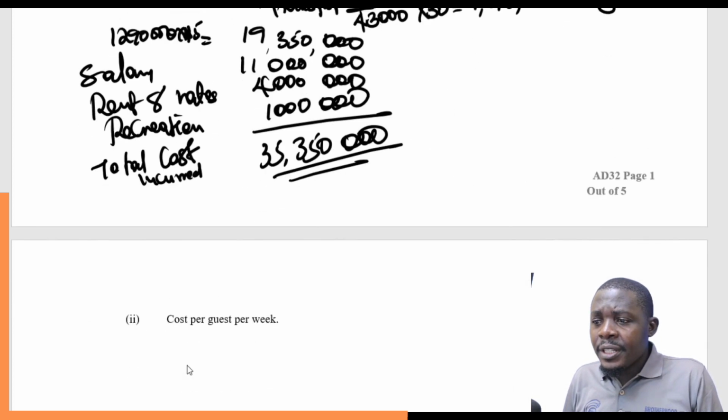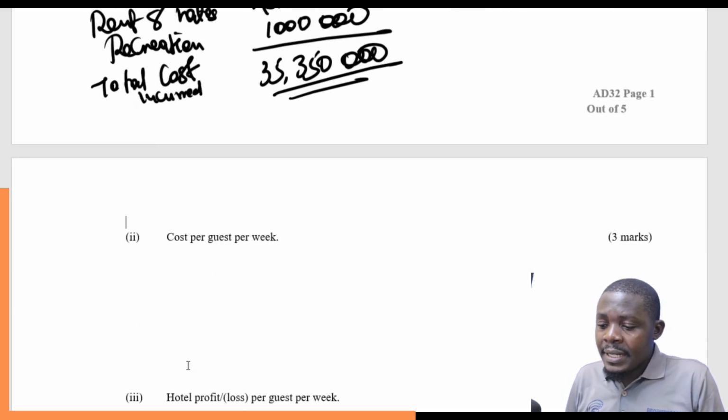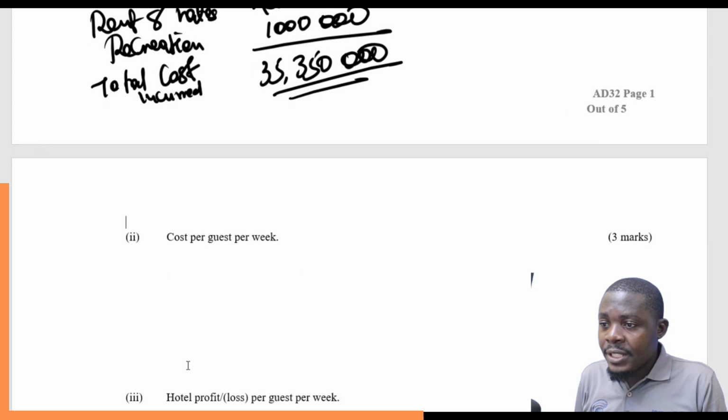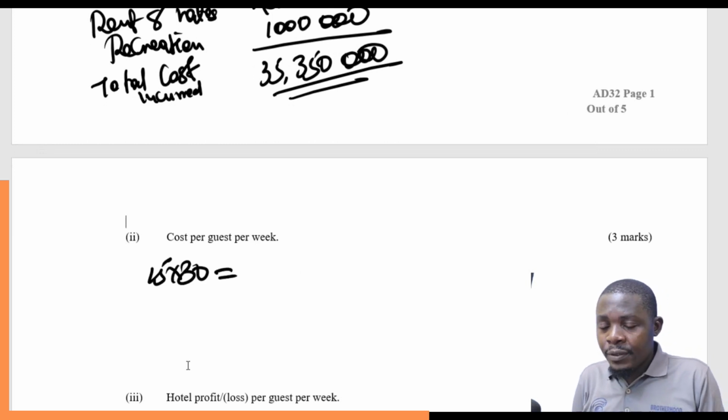Then we are told the cost per guest. How many guests were there? We can multiply the number of guests: each week we receive 15, multiplied by 30 weeks, meaning we had 450 guests.